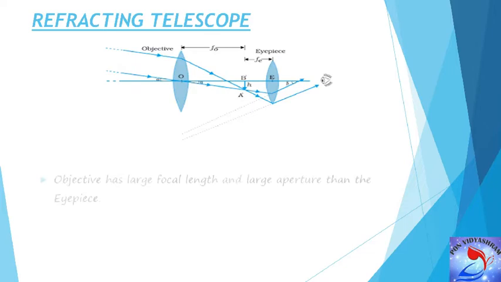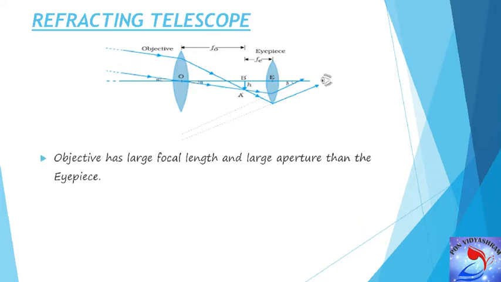Now what will happen is, if you're going to view any object, first light from the object will enter the objective. Then after it enters, an image will be formed at the second focal point of the objective. You can see A dash, B dash. That is the image formed by the objective, and it will be a real image.